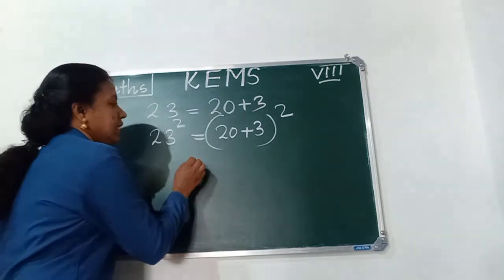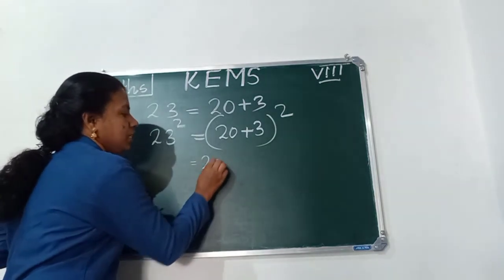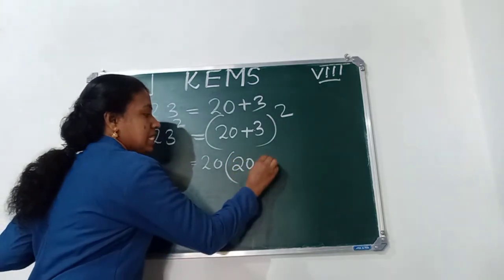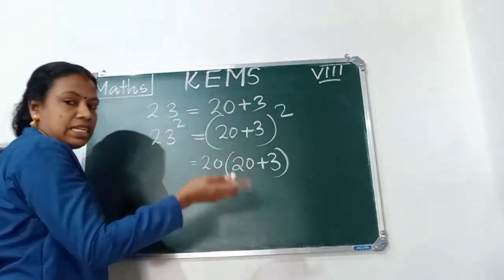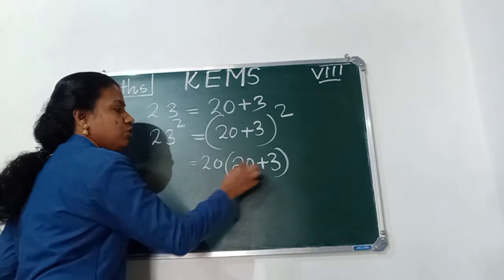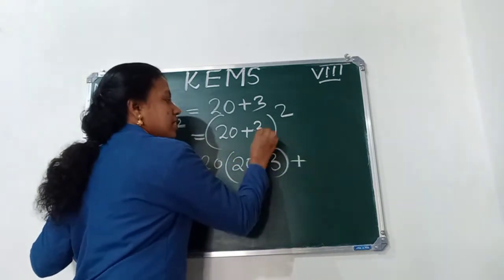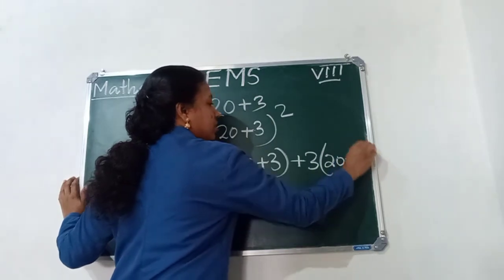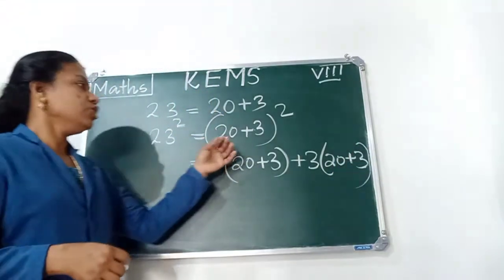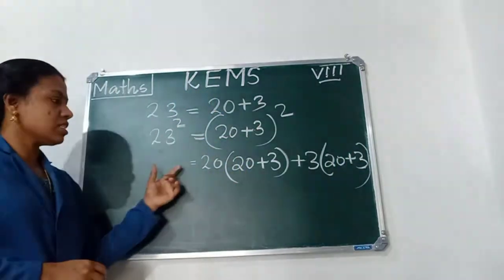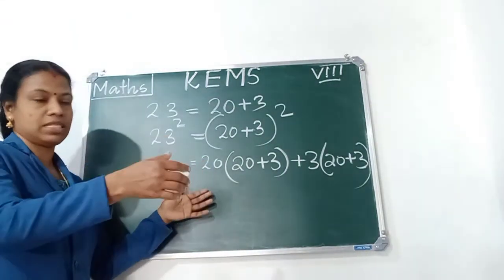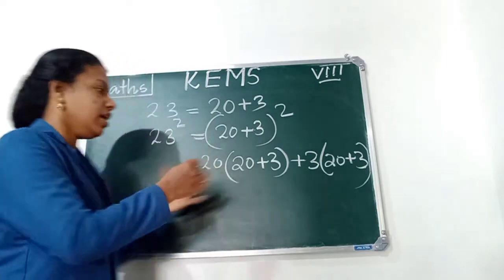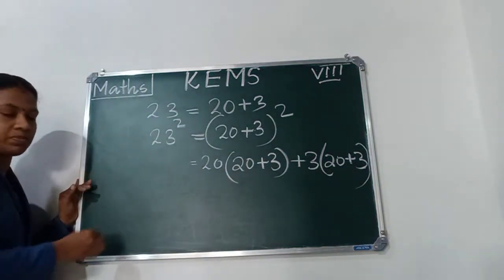It can be written as 20 into 20 plus 3, plus 3 into 20 plus 3. Just write 20 plus 3 whole square as 20 into 20 plus 3, then 3 into 20 plus 3. Okay.